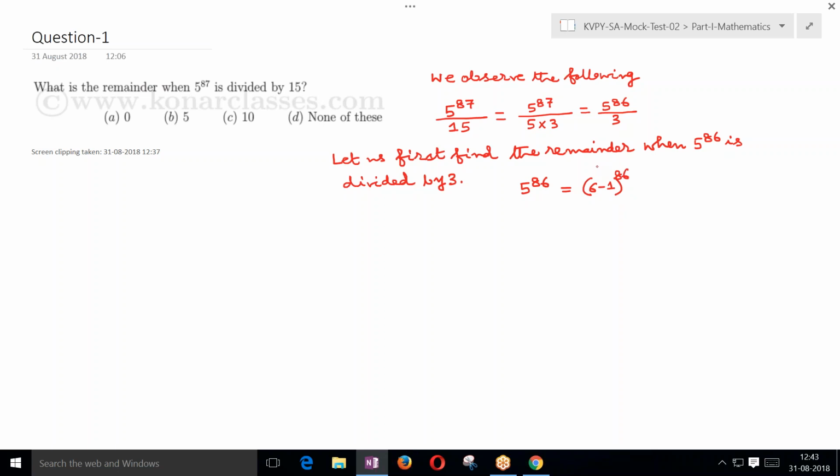Correct. In earlier classes we discussed the binomial theorem.